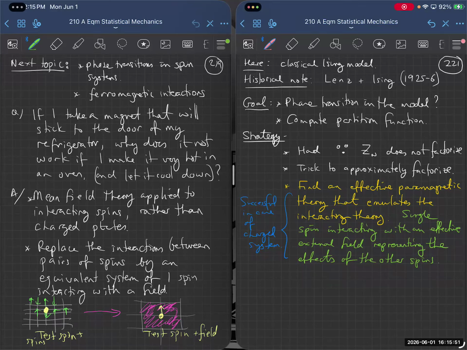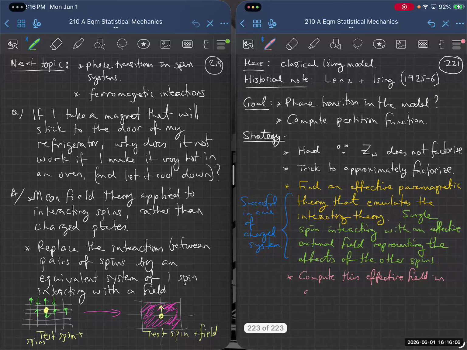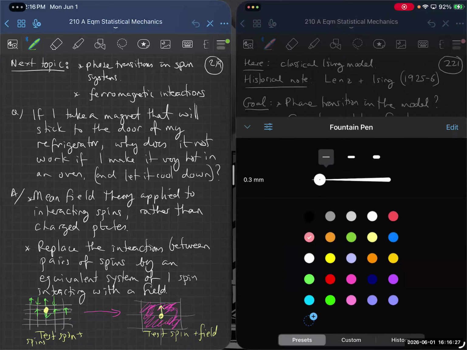And so what we need to do is compute this effective field in a principled way. When I say principled, what I mean is that you say at the outset what it is that you're going to do, and you explain what the approximation is, and then you just go and carry that out, and it has built-in safeguards as we'll see. So let's go ahead and do that.